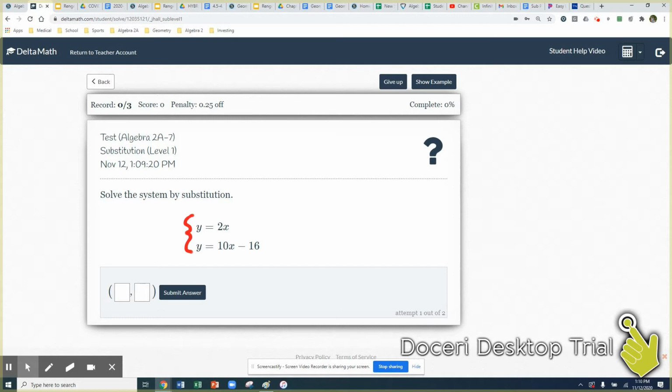Since both of them, y is equal to 2x and y is equal to 10x minus 16, we can substitute 2x, since 2x is exactly equal to y, we can substitute 2x in for that y down there. Now what that does is it makes this equation 2x equals 10x minus 16.